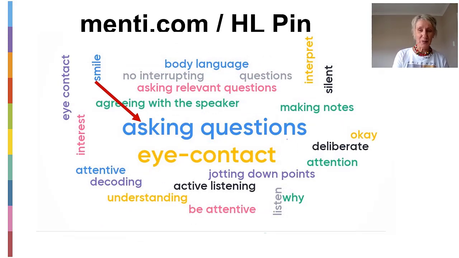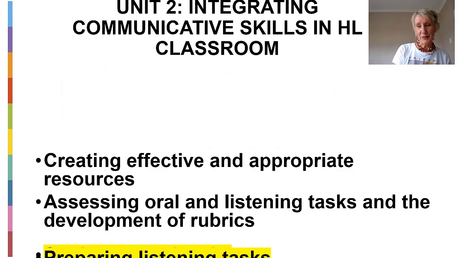That means it's the most popular answer, as well as eye contact. It would have even been bigger, the font, because you can see there's eye contact on the side. There's some more questions, so those are the two dominant responses. And yes, asking questions shows that you're listening, and in our culture, definitely making eye contact means that we're attempting to listen, I think. All right, going on from that.